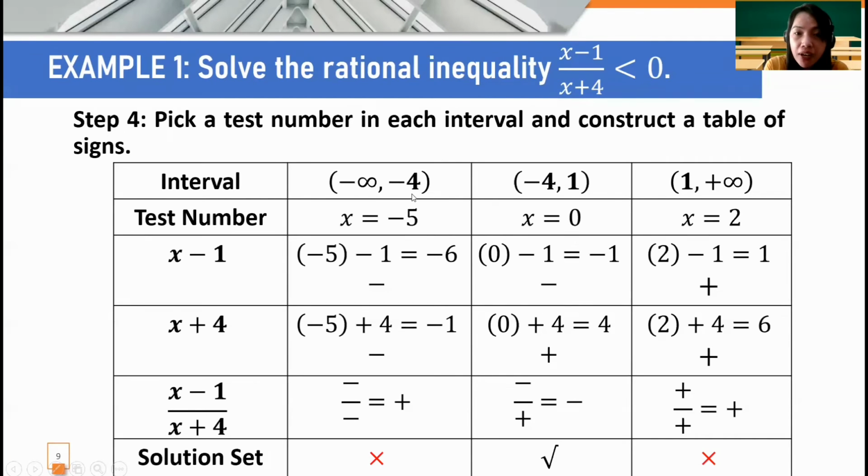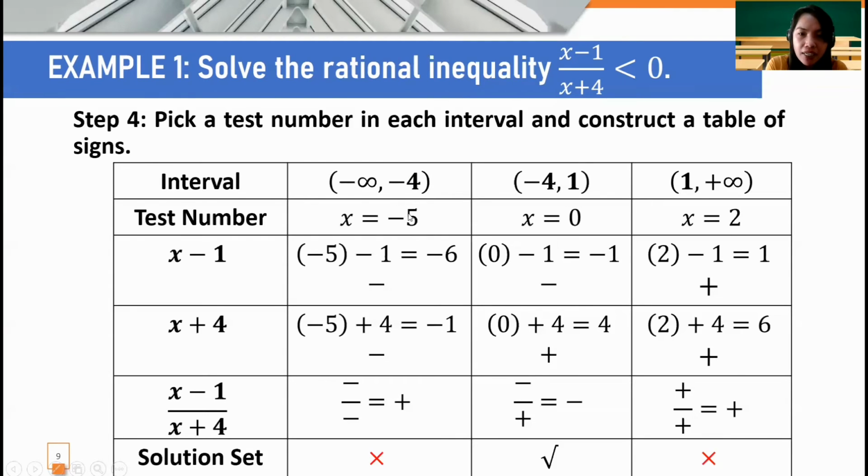Take note, negative 5 is between negative infinity to negative 4. Isa siya sa mga number dito sa set na ito or sa interval na ito. Ano pa? It can be also negative 6. It can be also negative 100 as long as that number is inside this interval.